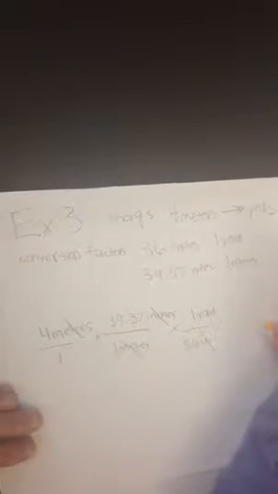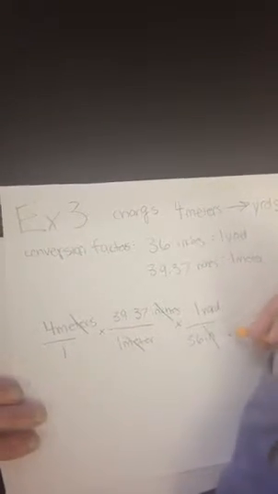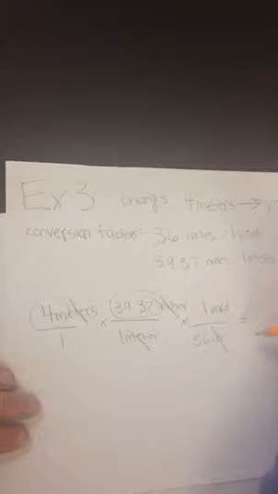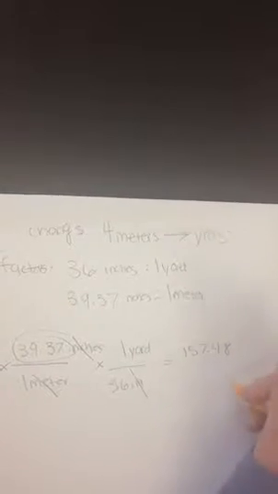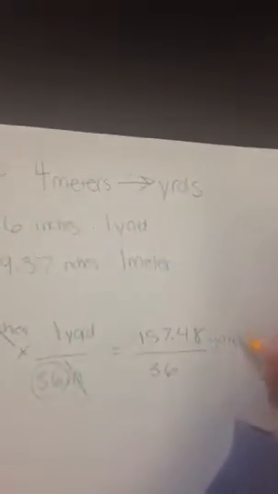And now we are left with, if you multiply 39.37 by 4, you end up getting 157.48. And then you still just have 36 on the bottom. You want to keep your yards up here.